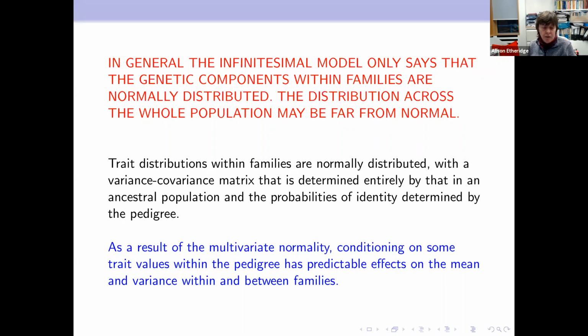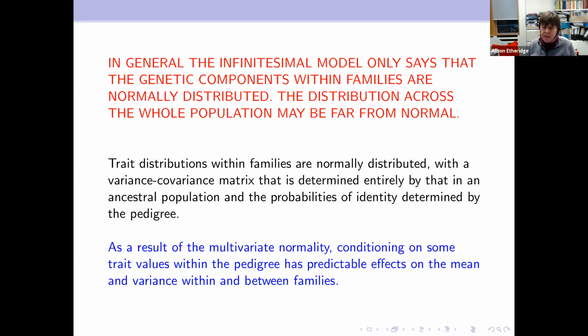So the way I'm going to define it is that trait distributions within families are normally distributed, and the variance-covariance matrix across those families is going to be determined entirely by that in some ancestral population, and by things that we will call the probabilities of identity.